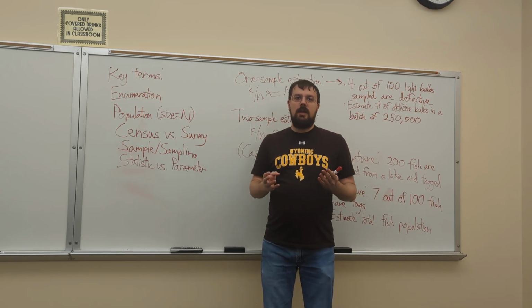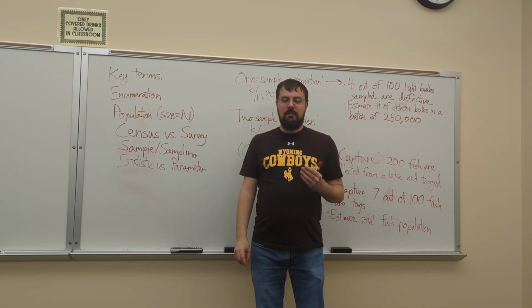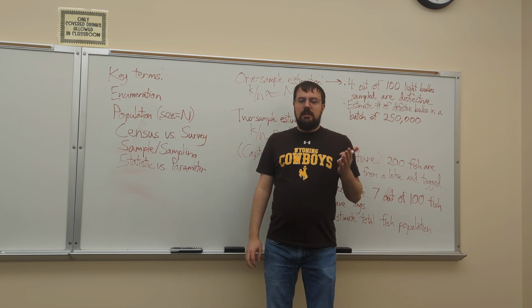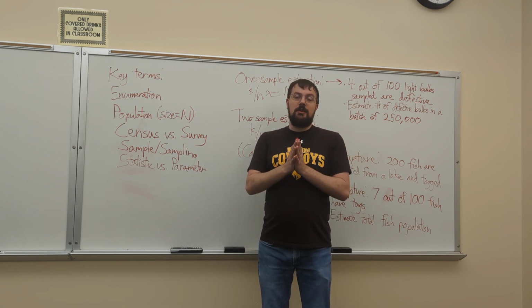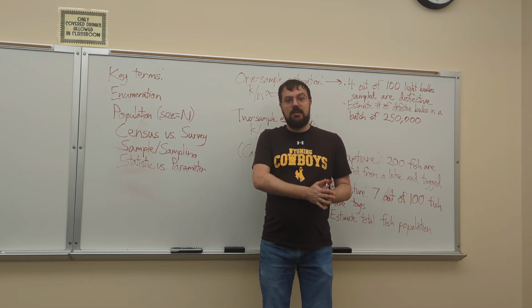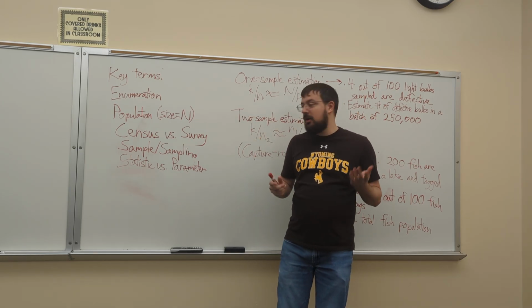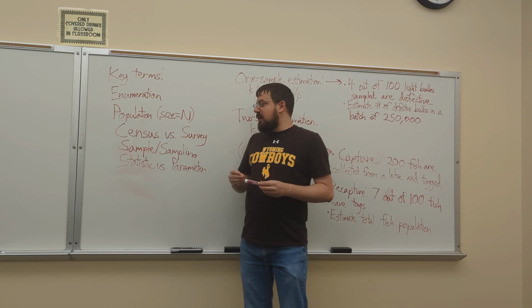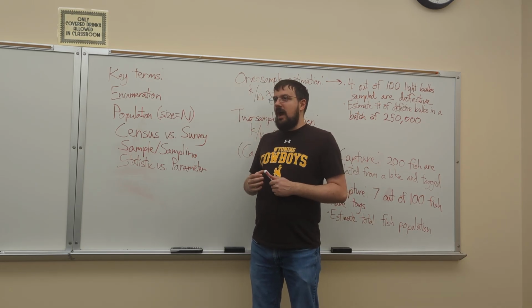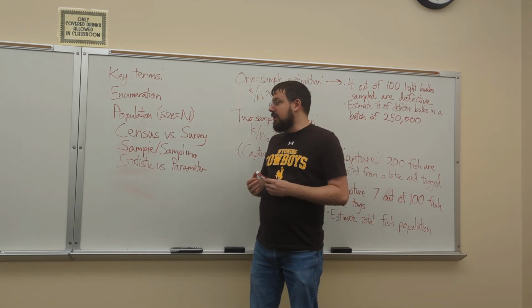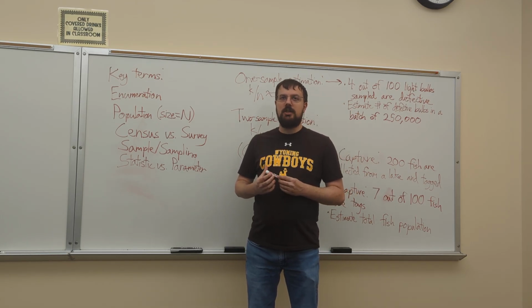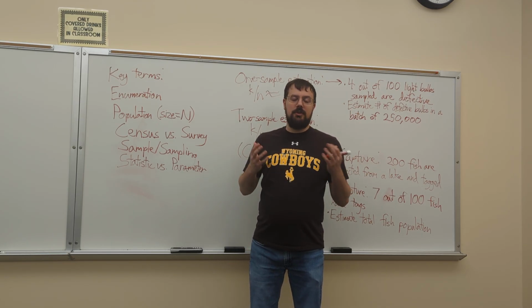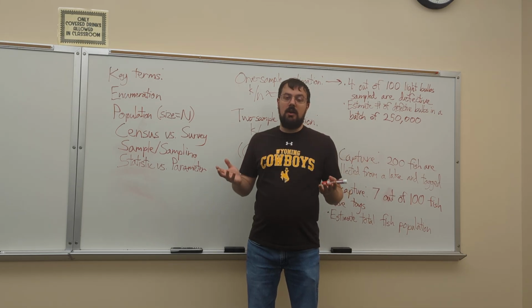The difference between a statistic and a parameter essentially lies in the difference between a true versus estimated value of something. So let's say that we have a population and we are trying to determine the average age of individuals within a population of humans.